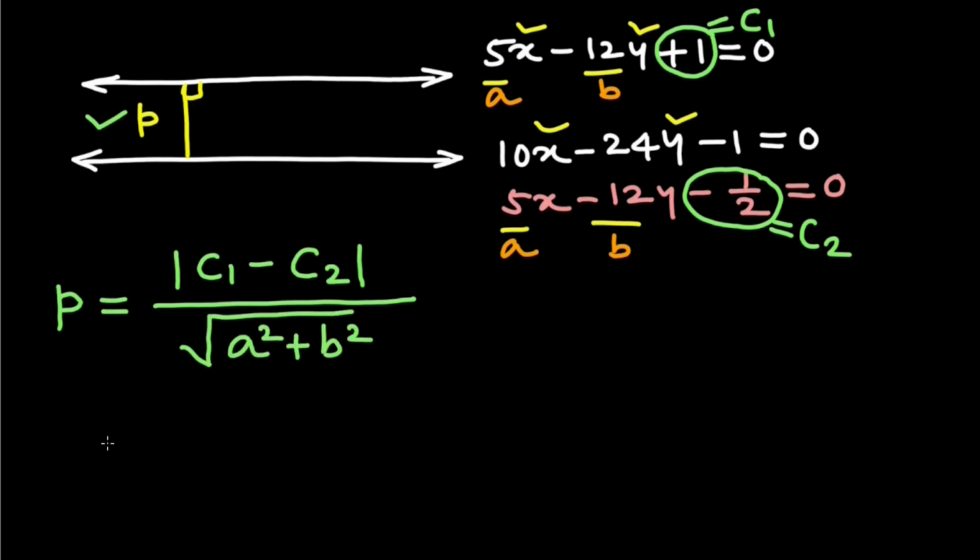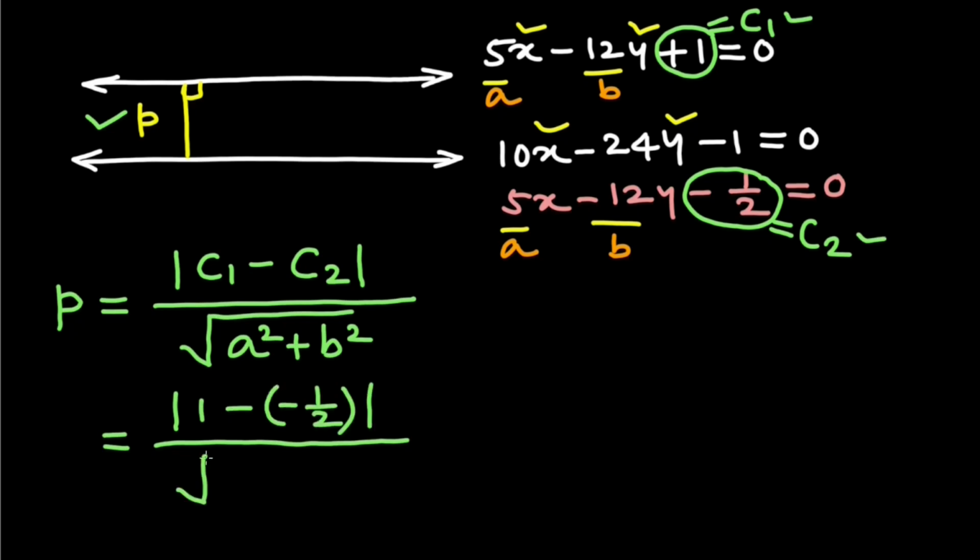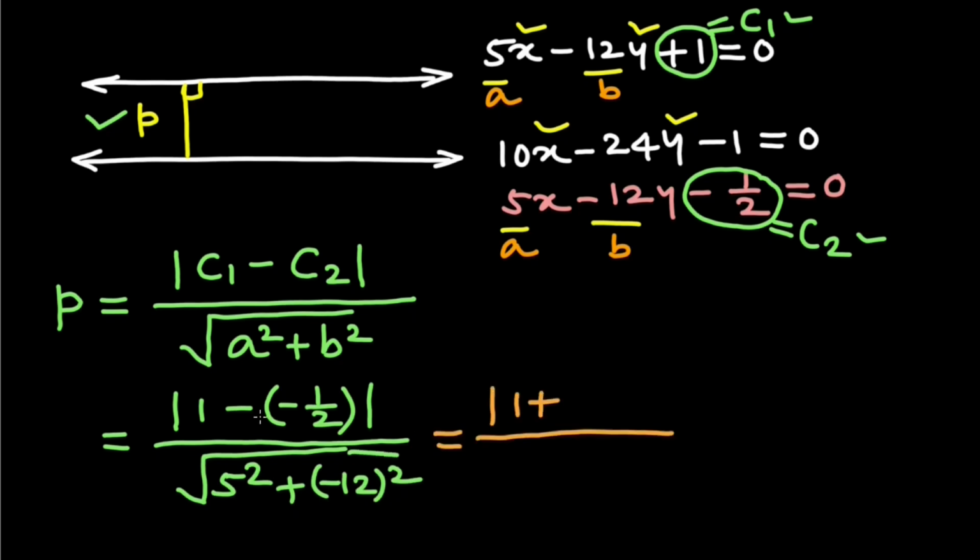b squared. Substituting the values, we write c1 which is 1 minus c2 which is minus half upon square root a square. A is 5, so 5 squared plus b is minus 12, so minus 12 squared. It will be mod 1 plus half upon 5 square is 25 plus minus 12 square is 144.